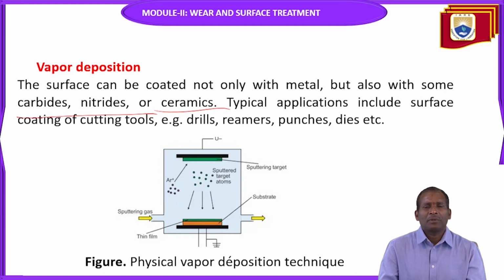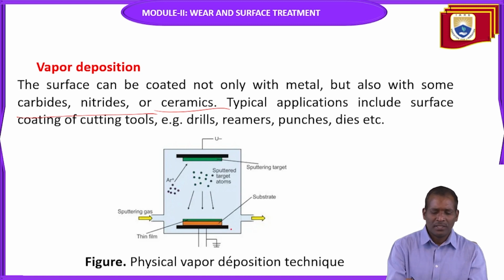The physical vapor deposition technique is shown in this diagram. In this, the substrate is placed here and a thin layer is coated. The sputtering gas enters here at the inlet and outlet, and there is the sputtering target.